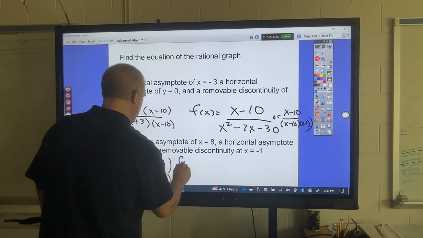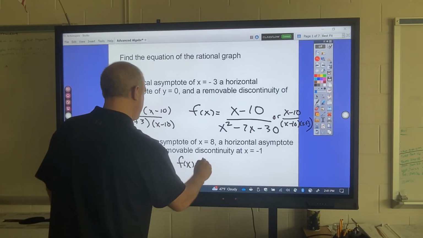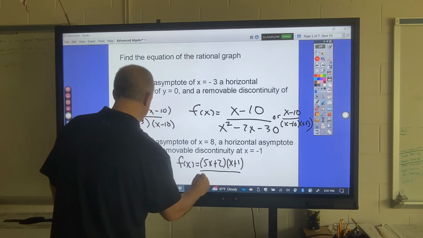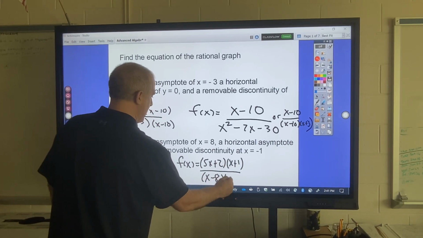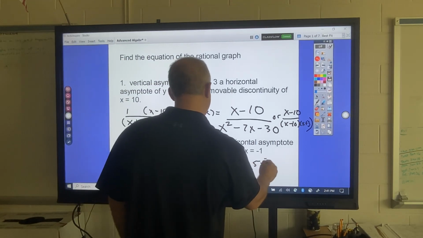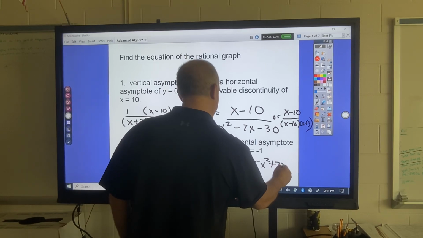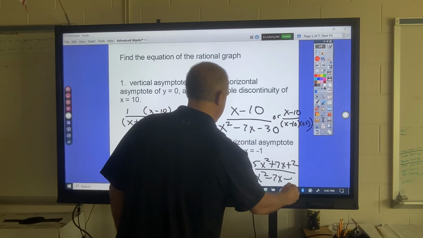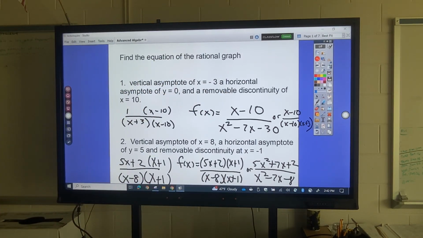So my function would be 5x plus 2 times x plus 1, over x minus 8, x plus 1. If you multiplied that out, that would be 5x squared plus 7x plus 2, all over x squared minus 7x minus 8. Either answer would be acceptable.